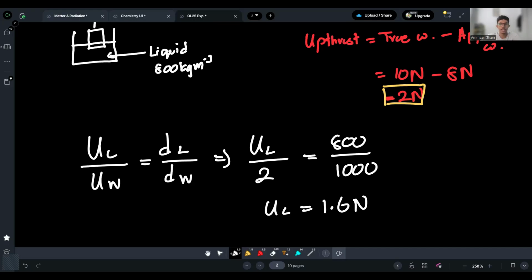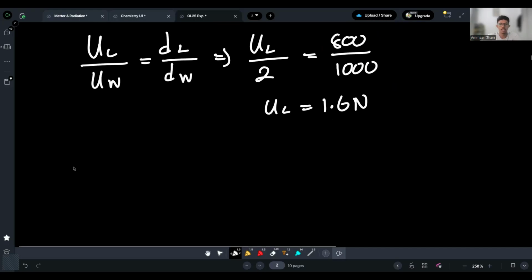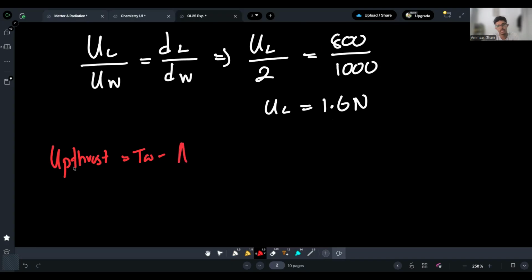So now since we have the upthrust of the liquid, once again we can use the equation of upthrust. Upthrust equals true weight minus apparent weight. You know the upthrust, which is 1.6 Newton.